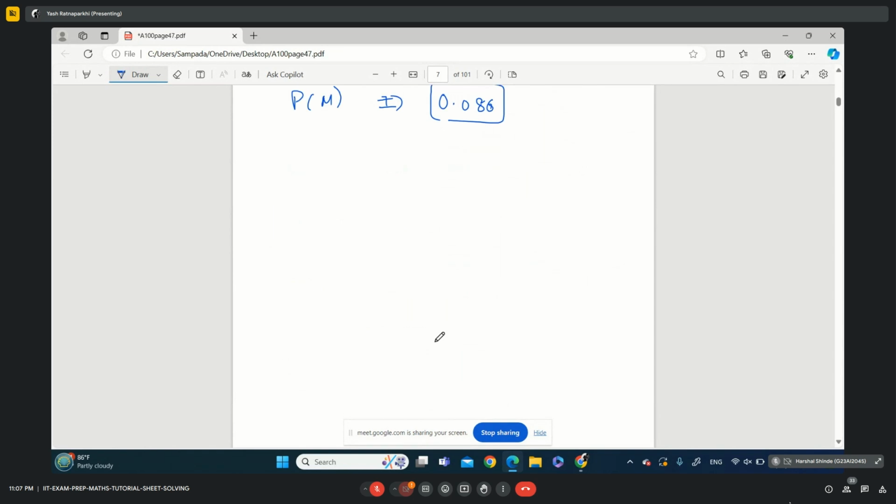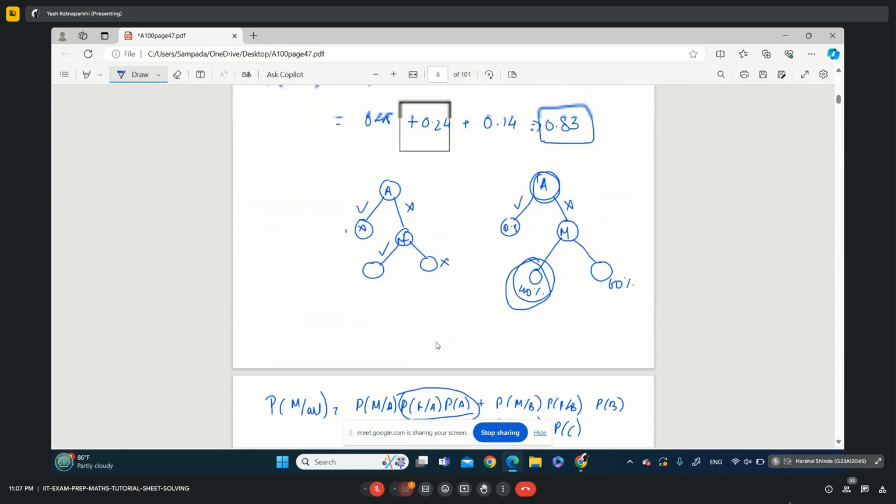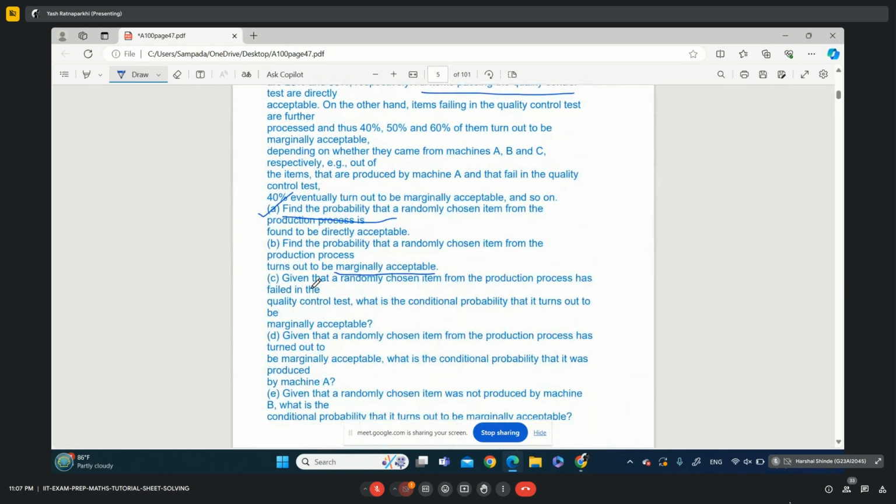Okay, great. Now let's go on to the third part. The third part is saying: given that a randomly chosen item from the product process has failed in the quality control test, what is the conditional probability that it turns out to be marginally acceptable? We already know it has failed in quality.